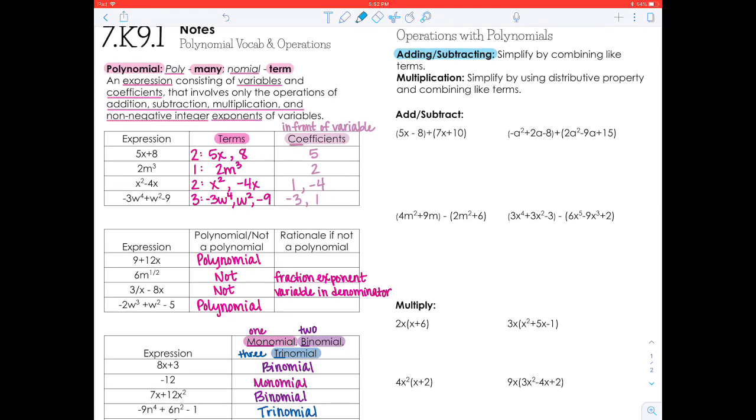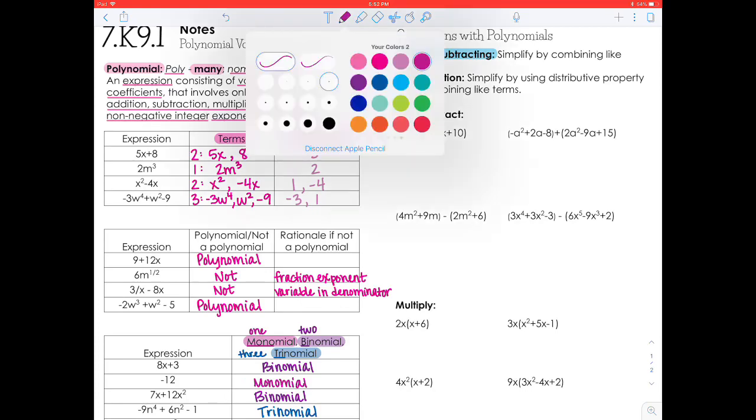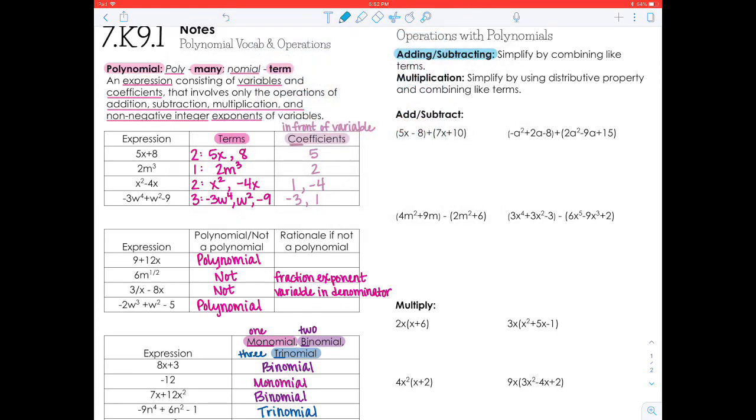Okay, so when you're adding and subtracting polynomials, the biggest thing that you're going to do is combine like terms. So we know what terms are. They're those separate numbers. But like terms, they have to have the same variable.